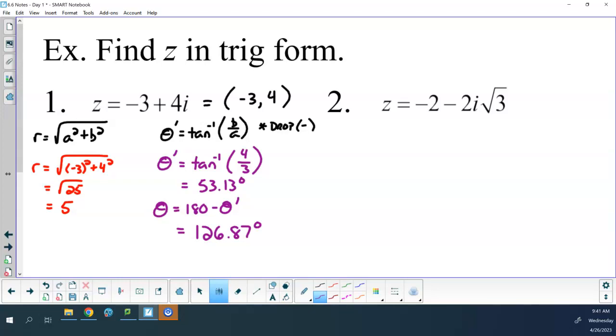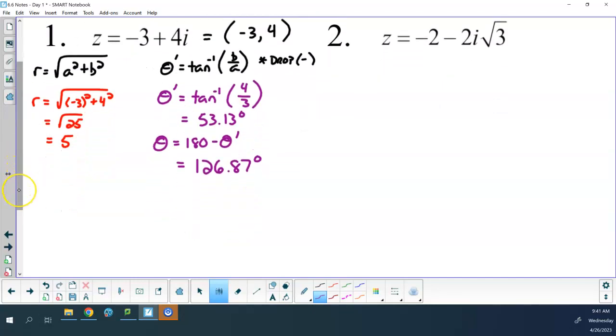So the complex number here in trig form would be, and I'm going to write it in the shortened form, 5 cis 126.87 degrees.